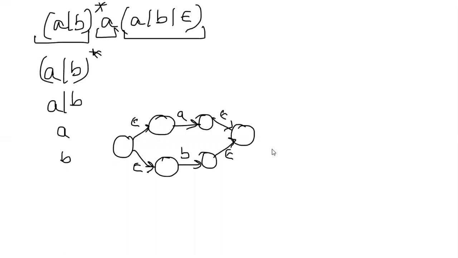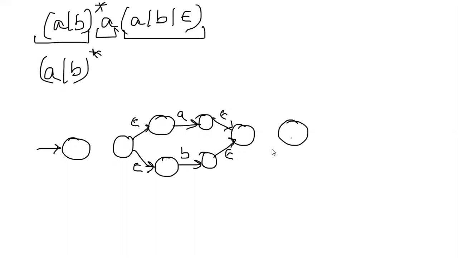Now I want (A or B) star. So I want a repetition of this. So I will add one more state here and one more state here. New start state, new final state.